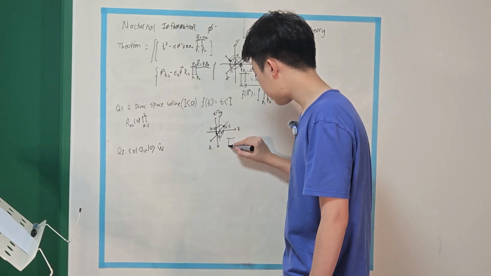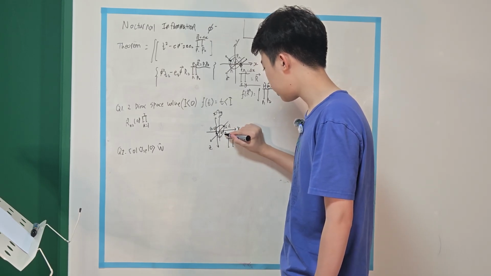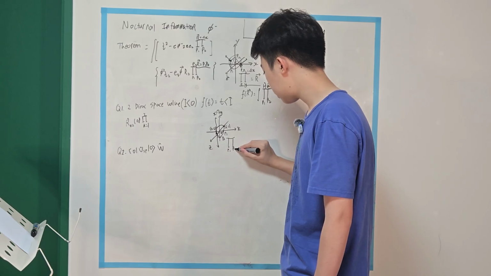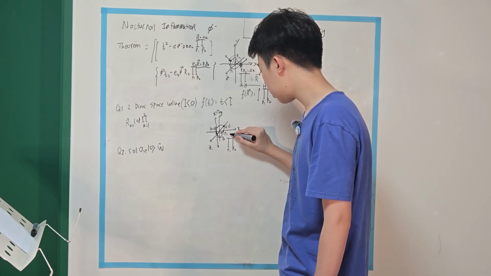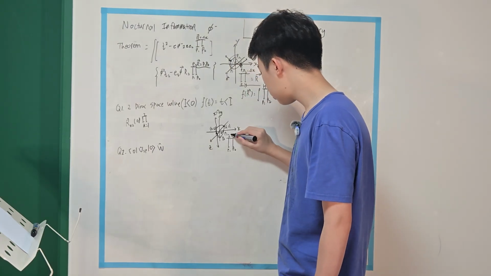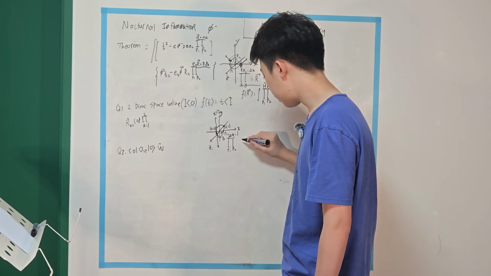So if you rewrite it, it's going to be like, say that this is P1 and this is P2. P1, P2 is equal to 0, 2, delta k equals to 1.